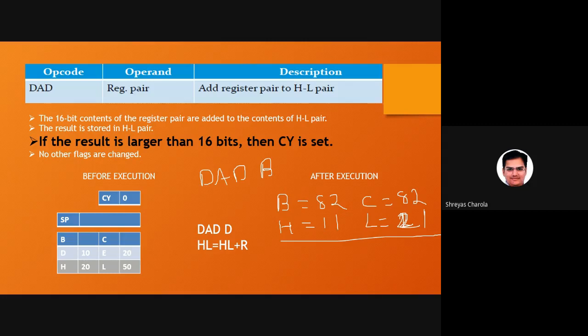This is the importance of the DAD instruction. Ninety-three 103.